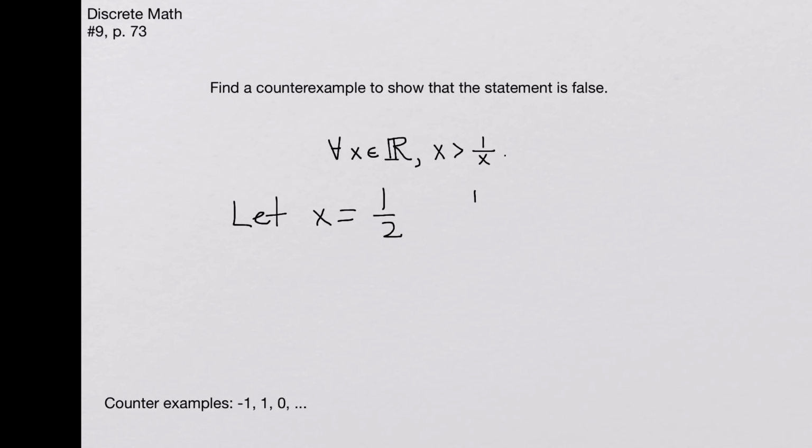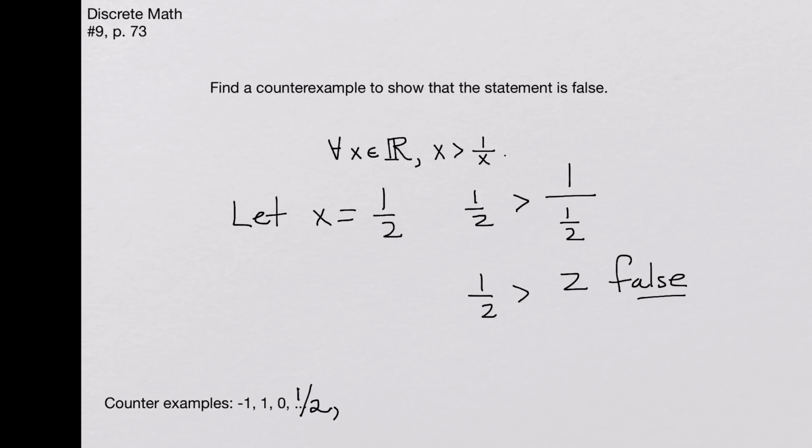Then we have 1/2 is greater than 1 over 1/2. And 1 over 1/2, that's the reciprocal of 1/2. So now we have the statement 1/2 is greater than 2, which is obviously false. So here's another counterexample. I'll add it to my little list that I've got going down here.